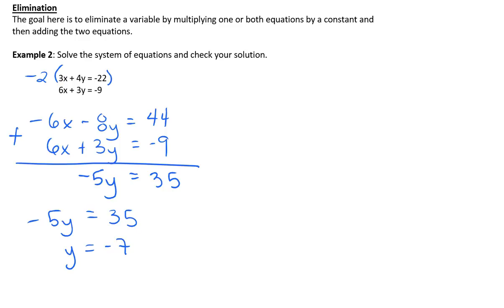Let's take our solution for y, and I'm going to evaluate it in the second equation. It doesn't matter if you plug it into the first or the second, you should get the same answer either way. So I'm going to take my second equation, 6x plus 3y, but now instead of the variable y, I have the value negative 7, and this should equal negative 9.